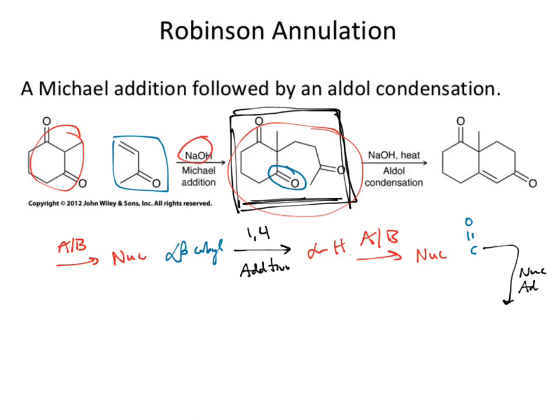nucleophilic addition. To give me what kind of a product? As a hint, it starts with A and ends with L. The aldol. I now have an aldol product. What happens?